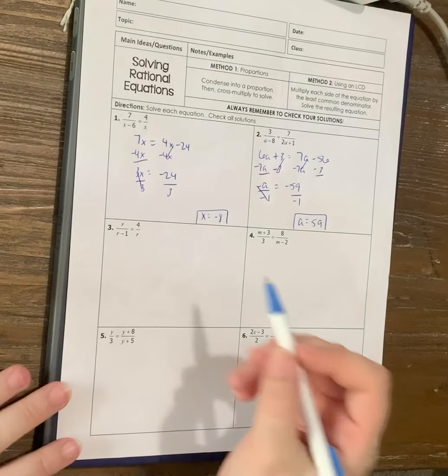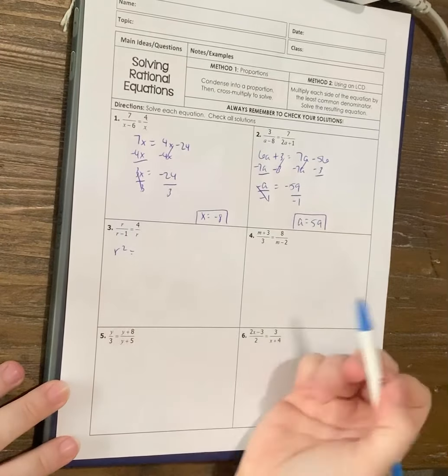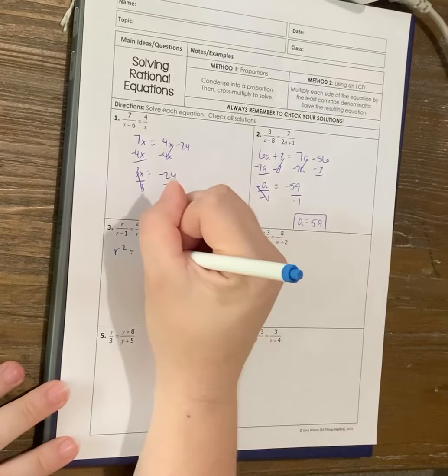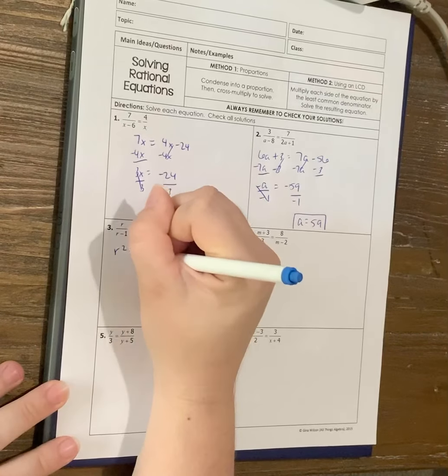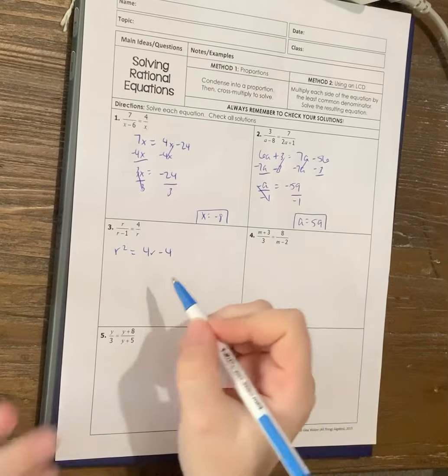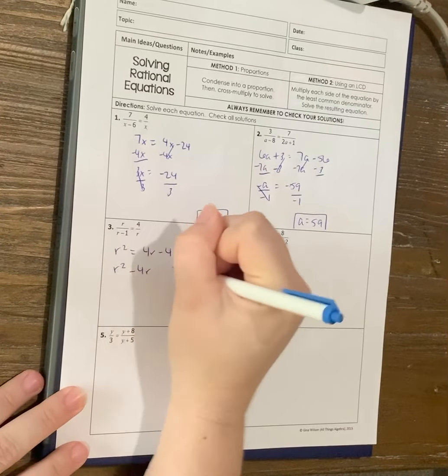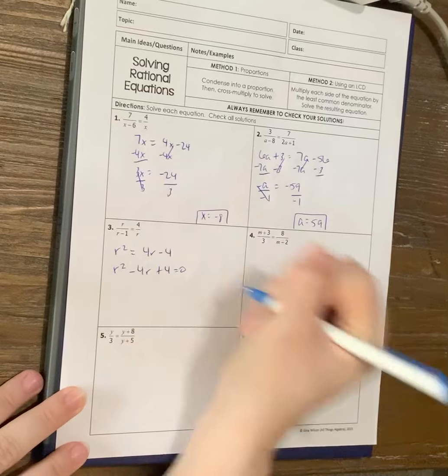Okay, on number 3, so we have r times r is r squared. And then 4 times r minus 1 is 4r minus 4. Okay, so on this one, because we have an r squared here, we're going to have to move everything to one side and then factor it to be able to solve. So we're going to move both of these over. So we have r squared minus 4r plus 4 equals 0.